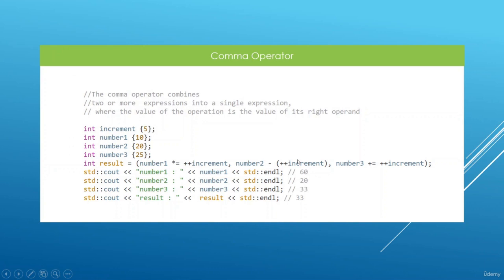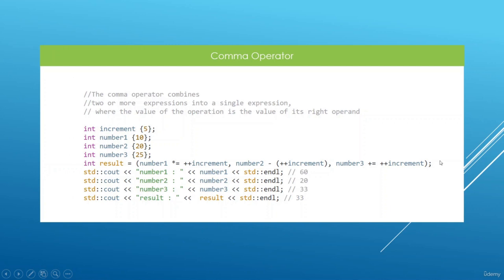Okay, after we do this second expression, we're going to go up and do expression number 3. And what we're doing here, we're going to increment again, and this is going to become an 8 now. We're going to have an 8 value in this variable increment. We're going to add that to whatever we have in number 3, which is 25, and we're going to get a 33. This 33 is going to be stored back in number 3, and if we print number 3, we're going to get a 33.